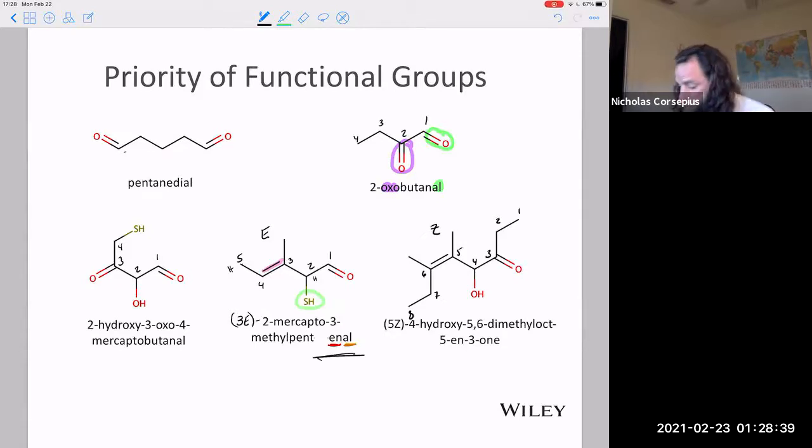Remember over here, because it was an aldehyde, we could get away with putting the numbering for the double bond out front. That isn't always the case, as is the example here with the ketone and the double bond. So I have the position of that alkene group, 5-ene, and then the position of the ketone, 3-one.